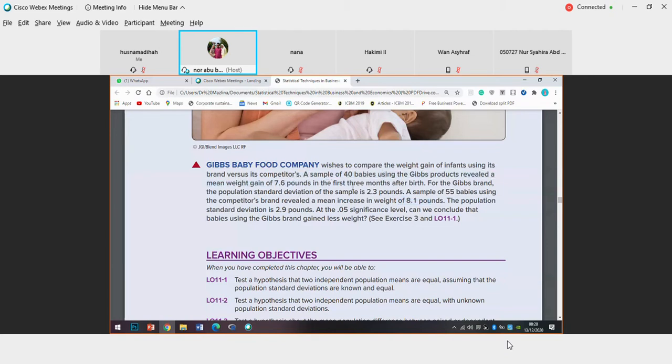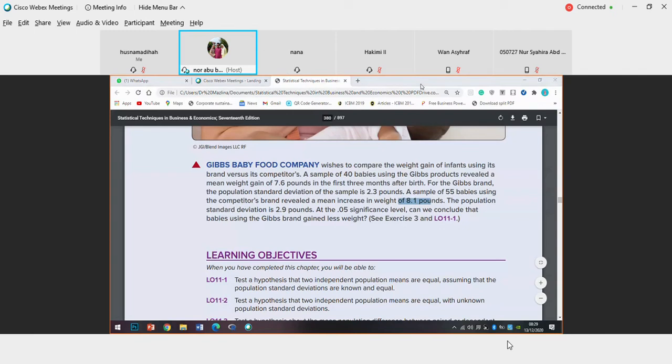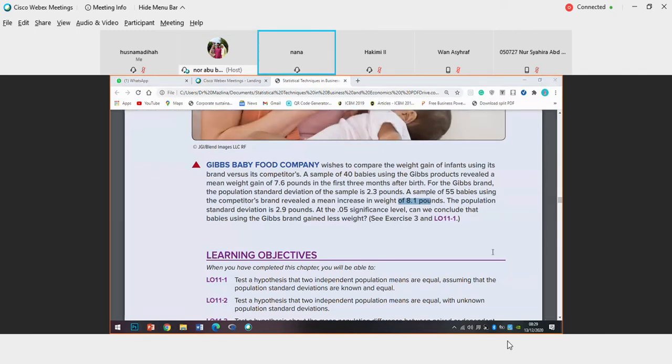Okay, now cuba awak tengok. Gibbs 7.6. Other brand 8.1. Jadi kalau kita ni makcik kat kampung tak belajar statistik, 7.6 lawan 8.1. Siapa menang? Yang paling besar. Yeah, of course.